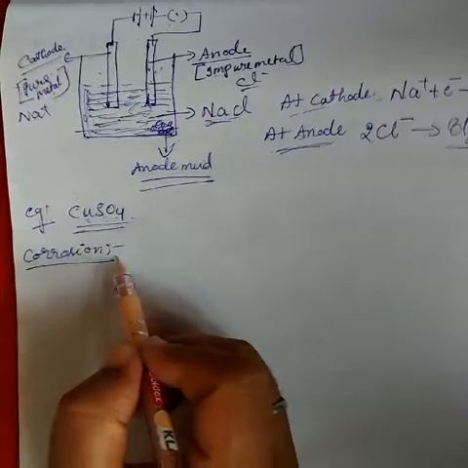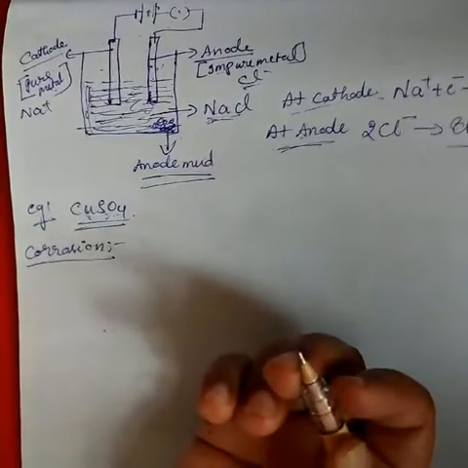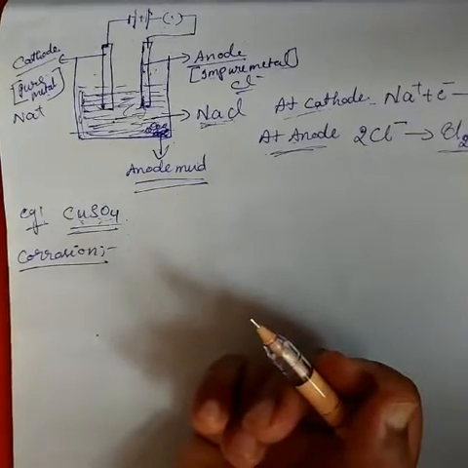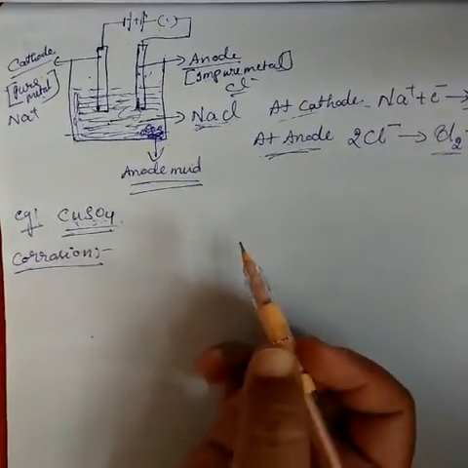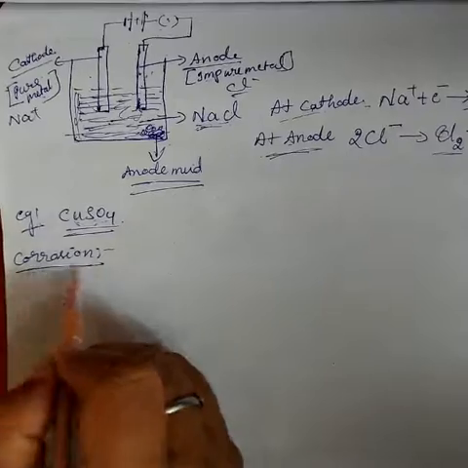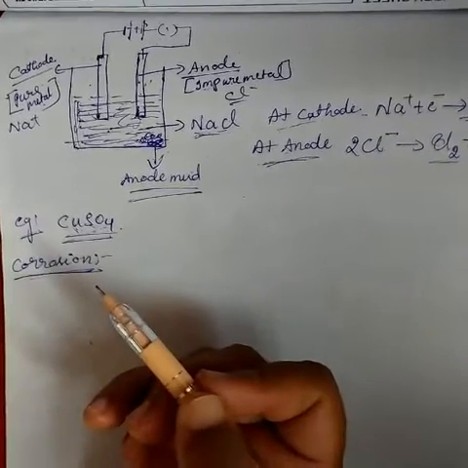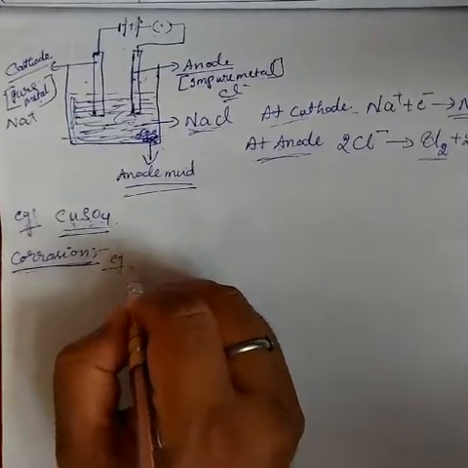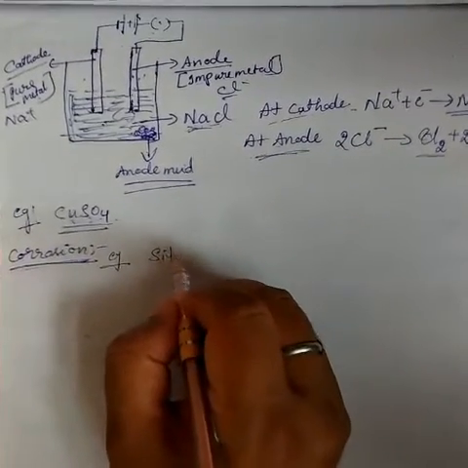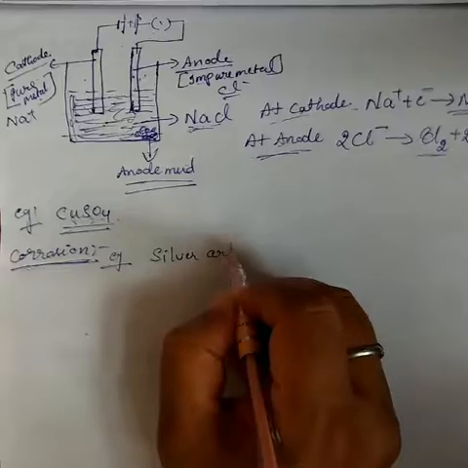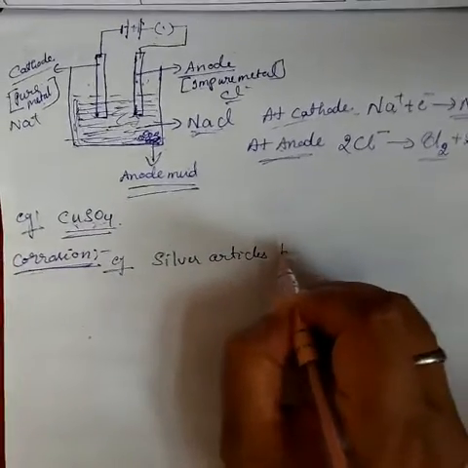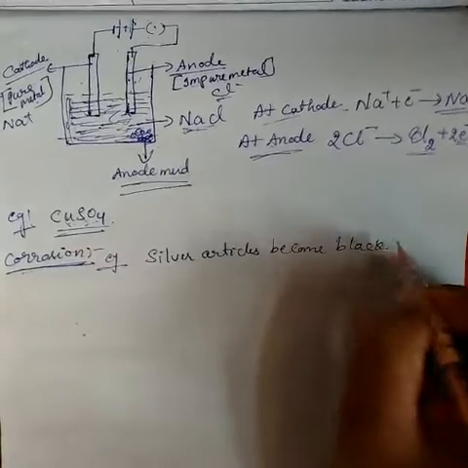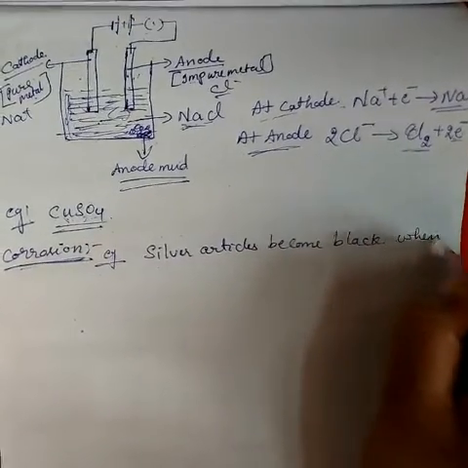I told you what corrosion is: a metal attacked by moisture or acids is said to corrode, and that process is called corrosion. So an example of corrosion is silver articles becoming black when exposed to air.